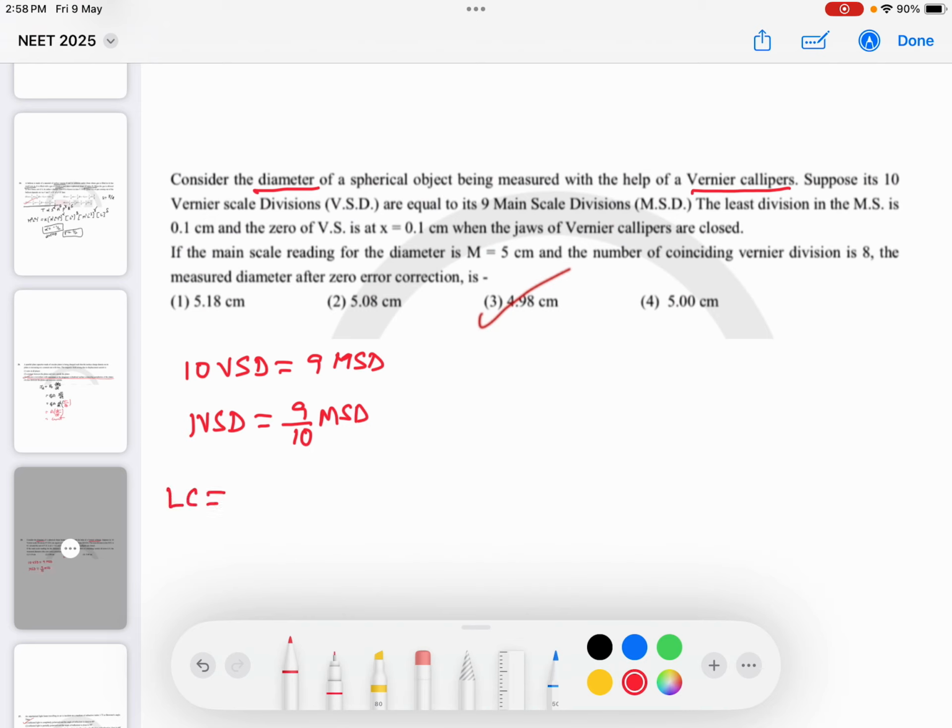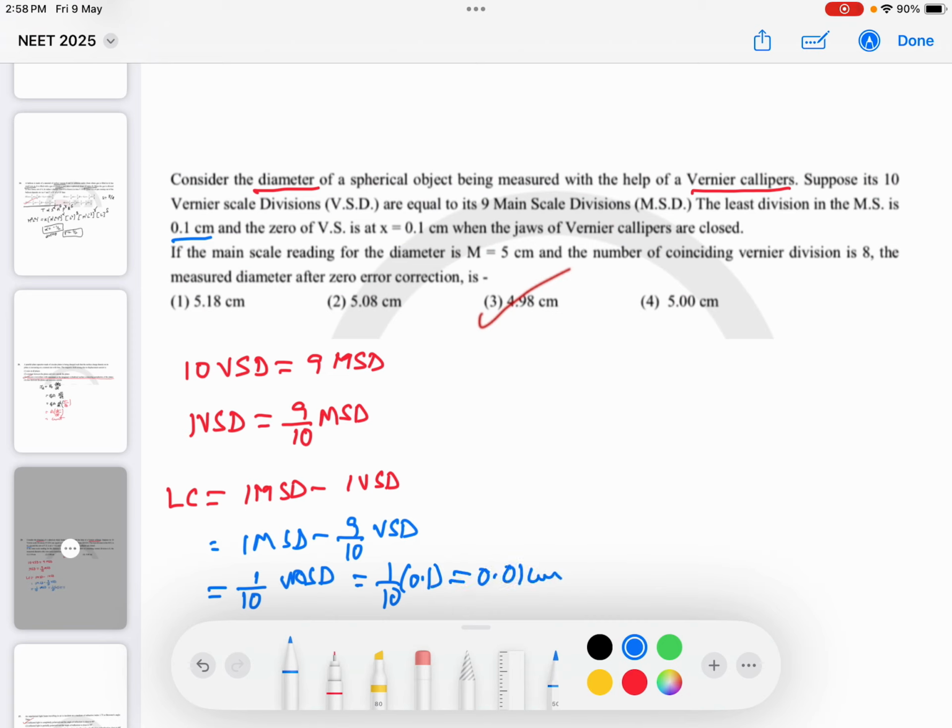Least count can be written as 1 main scale division minus 1 Vernier scale division, which is 1 main scale division minus 9 by 10 main scale division, equal to 1 by 10 main scale division. One main scale division is 0.1, so 1 by 10 into 0.1 is 0.01 centimeter.